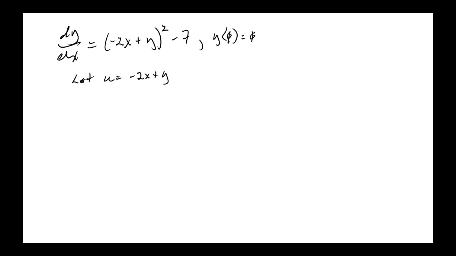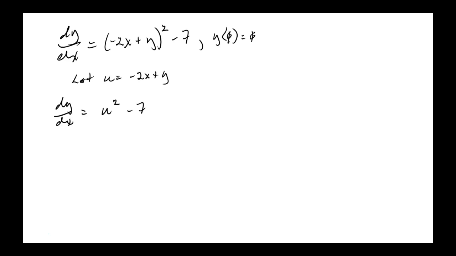So then what we have up here, I'm going to rewrite this, dy/dx, and I'm going to come back and change this later, is equal to u squared minus 7. Right? Because that linear thing used there, that's what we're going to let u be.